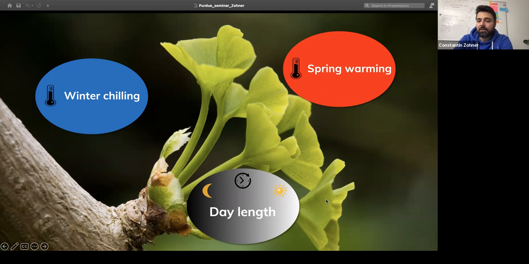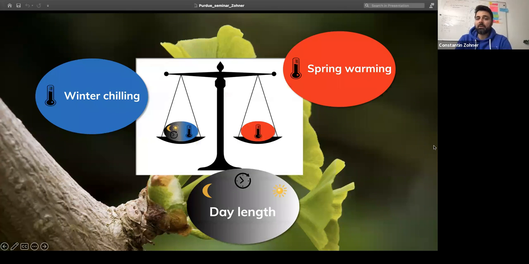And day length, like photoperiod control, might also play a role in some species. And the question, of course, is what is the relative importance of each of these drivers, and will these other drivers apart from spring warming start to become more important in the future and kind of counteract these advances in spring warming?